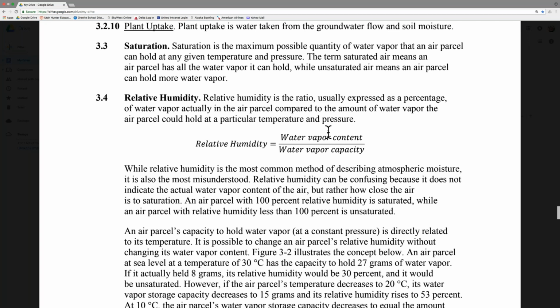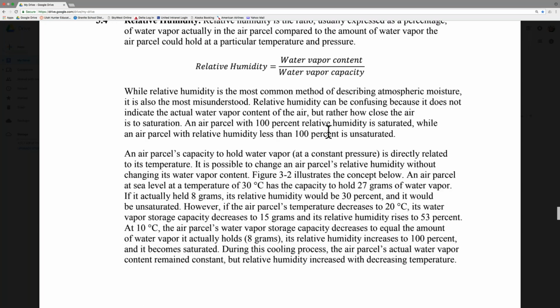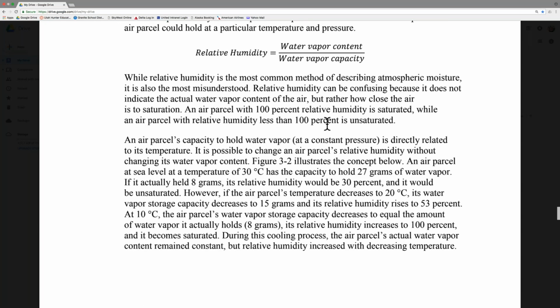An air parcel with 100% relative humidity is saturated, while an air parcel with relative humidity less than 100 is unsaturated. An air parcel's capacity to hold water vapor at a constant pressure is directly related to its temperature. It's possible to change the relative humidity without changing the vapor content.